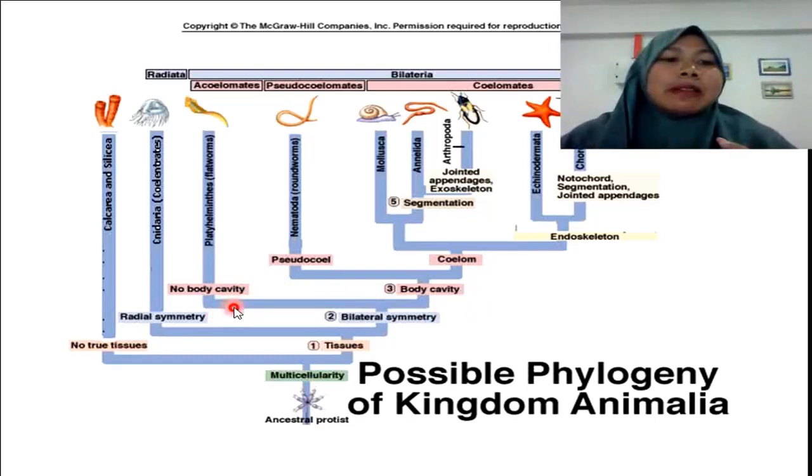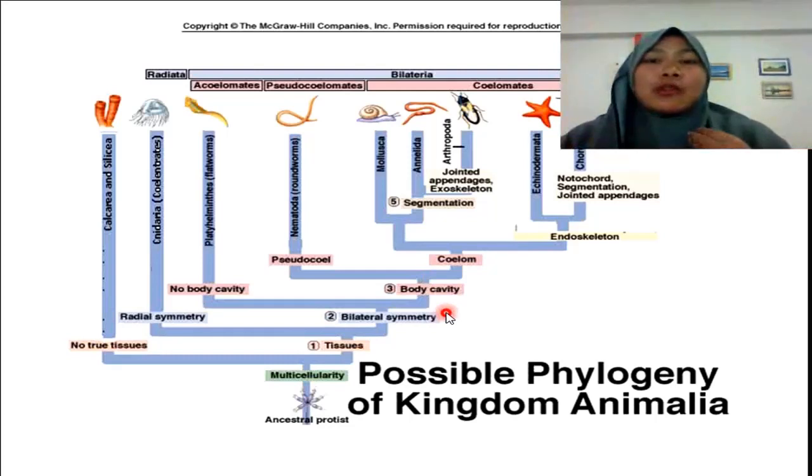Animals that do not have body cavities are those from the phylum Platyhelminthes, which we call flatworms. Other animals that have body cavities are differentiated by the type of cavity. Some have a true cavity, which we call coelom.